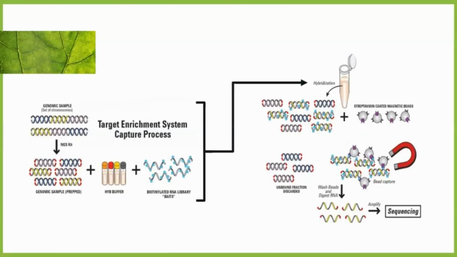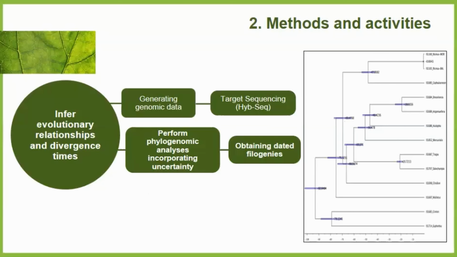It's not the same technology or chemistry, but it enriches your libraries in the regions that you want, your targets. When you sequence that and process the data, you will have more sequences of the regions that are interesting for you and your group of study. Then, when we have all the data, we will process it, and our goal is to make phylogenies and then date those phylogenies to study the divergence of the groups.